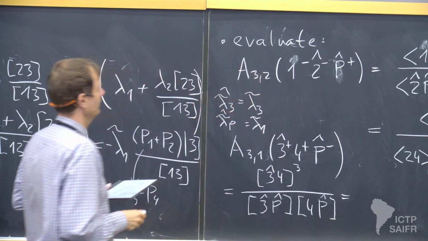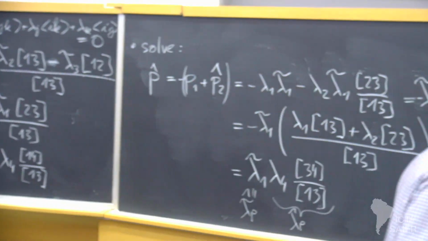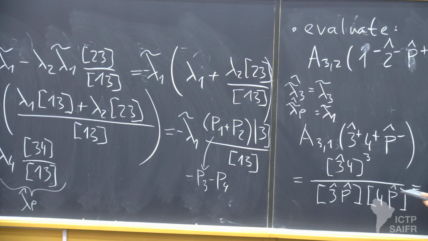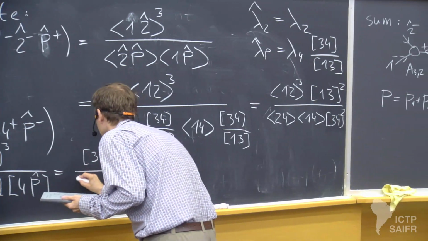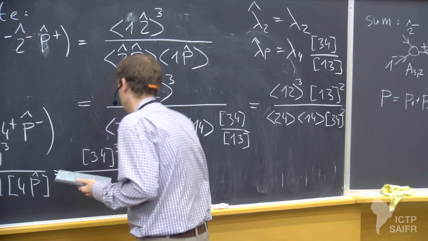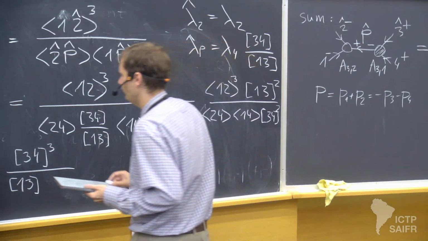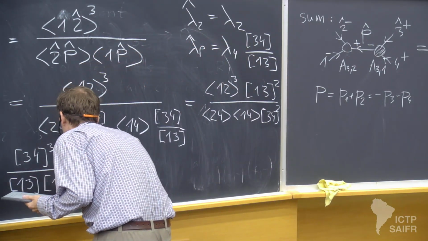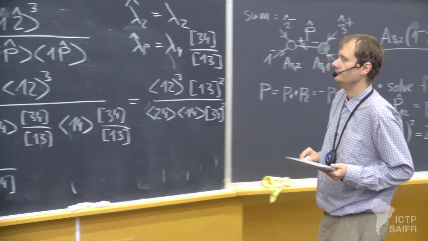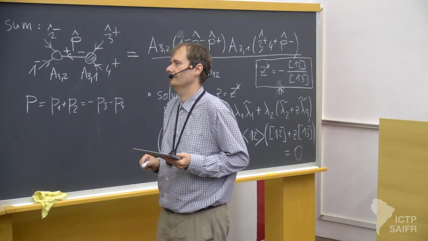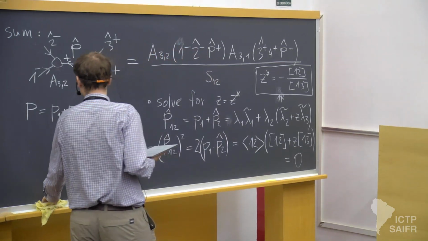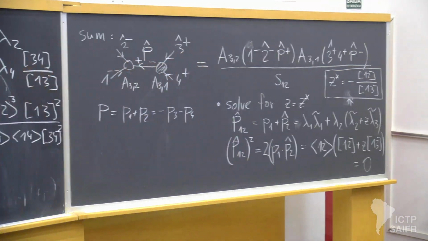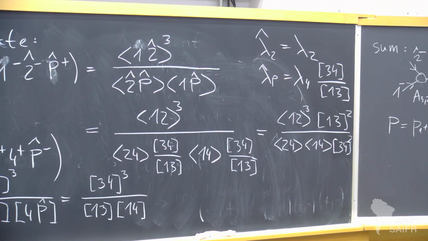It was the result of our calculation. So we plug it here. We get 3, 4 cube divided by 1, 3, or 3, 1 up to a sign, and 4 p hat is 1, 4. I leave this board here and continue here. So now we have to put everything together.